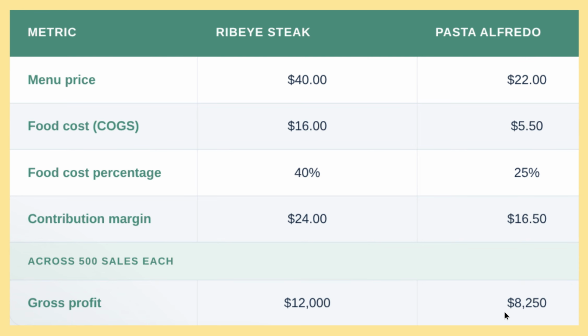So it highly depends on the item, but they do benefit from having that higher contribution margin here. We are making more money off of this, even though we're seeing a higher food cost percentage.